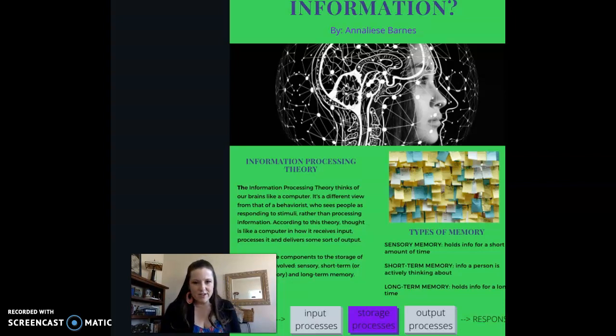So down here at the bottom, it shows, first we have a stimulus. Second part is input processes, storage processes, output processes, and a response. With the input, it's really any stimulus, object, data, anything that the brain is coming into contact with.